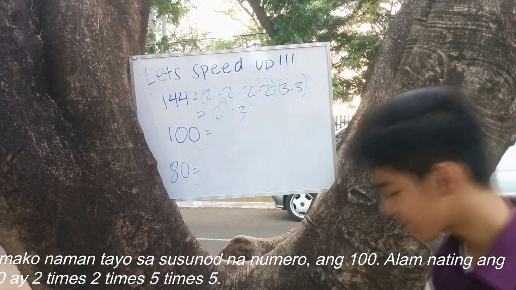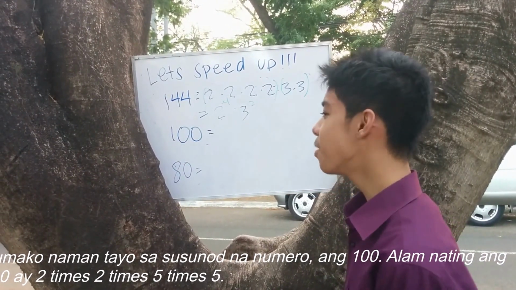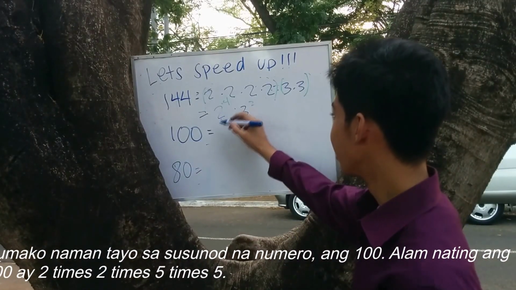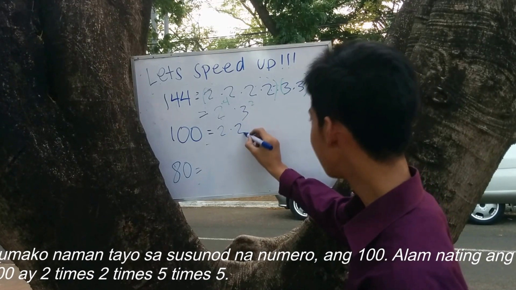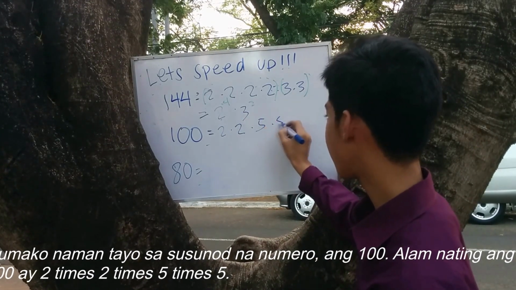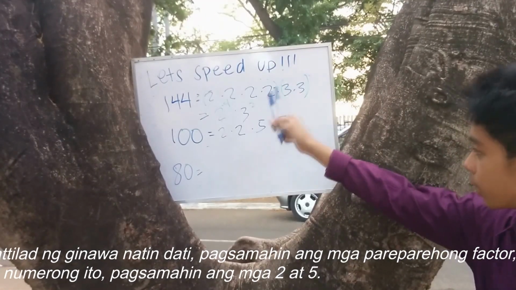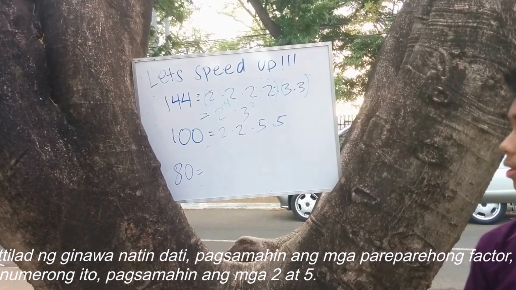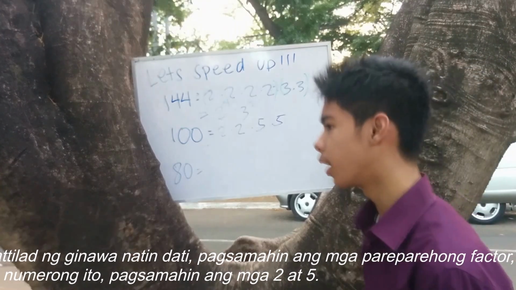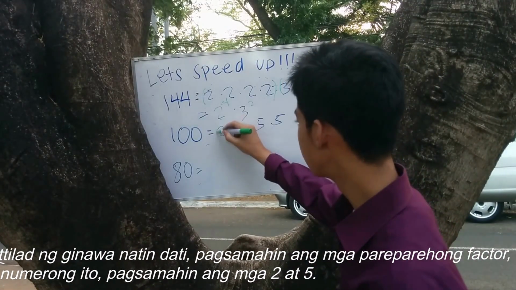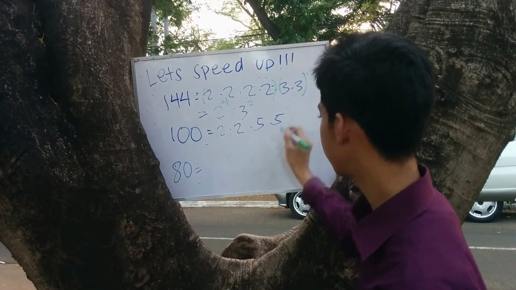Let's move on to the next number, 100. We know that 100 is 2 times 2 times 5 times 5. Like what we did before, we would then group the identical factors. So the identical factors are 2 and 5.